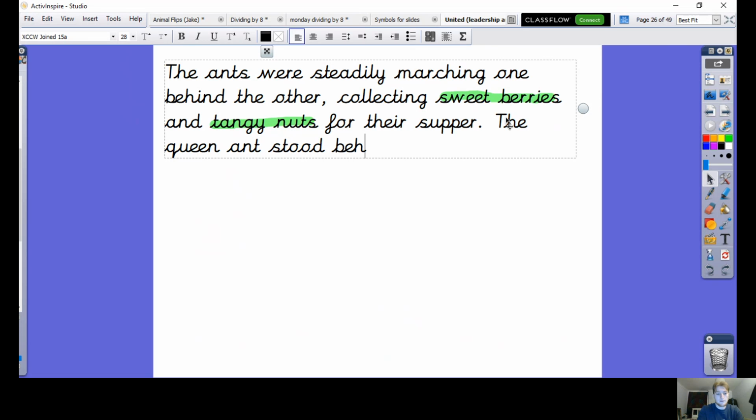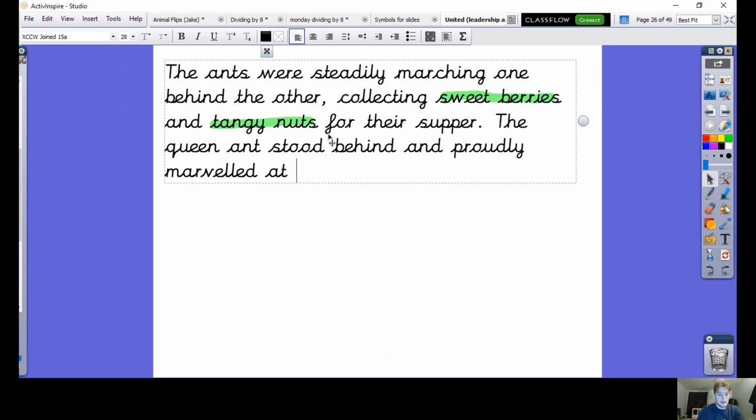Stood behind. Stood behind and proudly marvelled, which means proud, there we go, proudly marvelled at her brilliant troop.